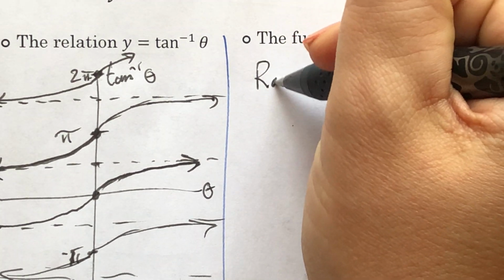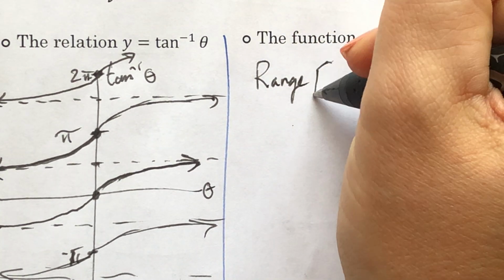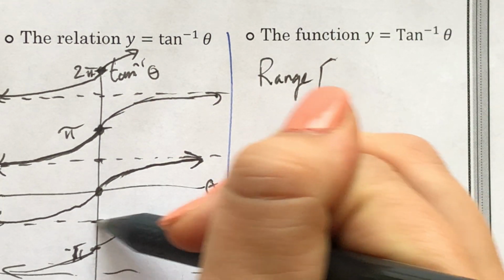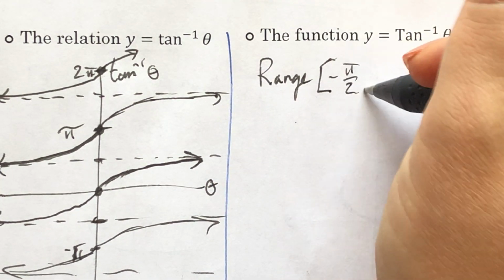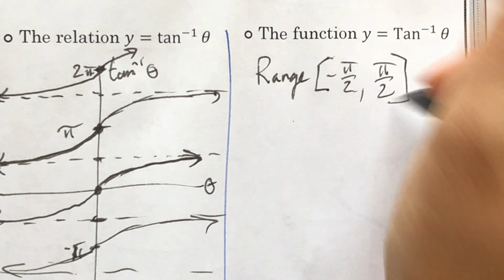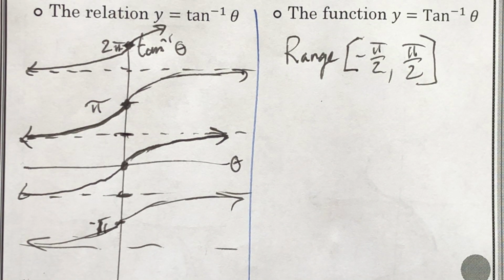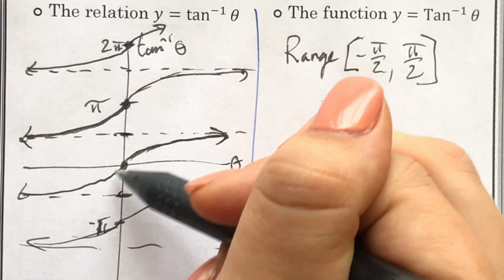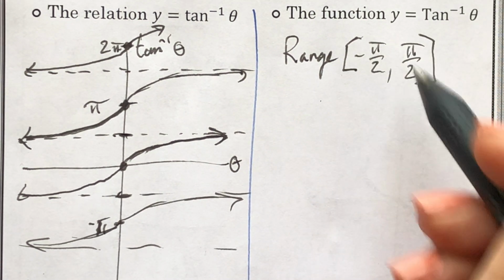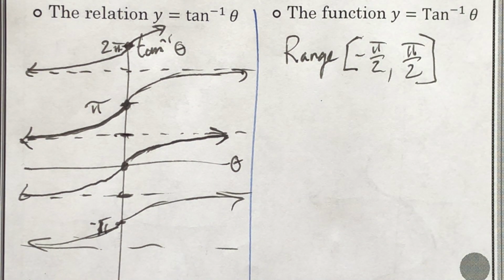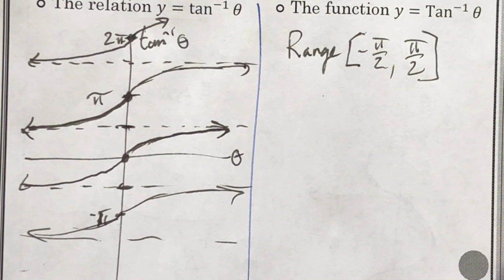So you want to limit the range to go from negative pi over 2 to pi over 2. This is just like sine, which is not coincidental because they're both odd functions. So since they're both centered around the origin and this range is centered around the origin, it's not a coincidence that you limit the range in the same way as sine.